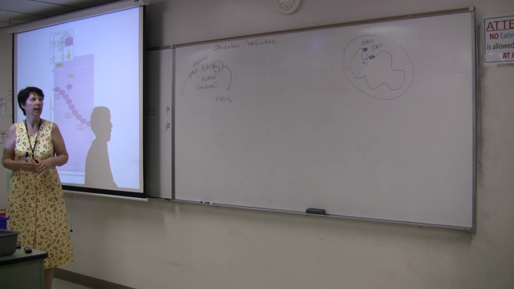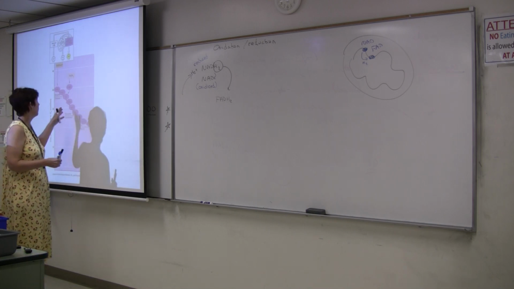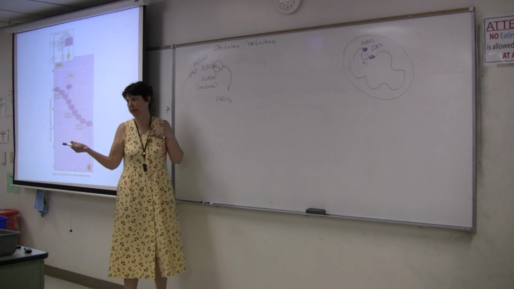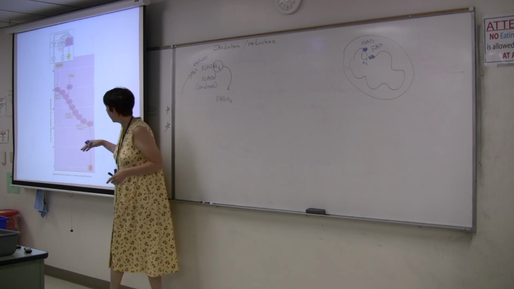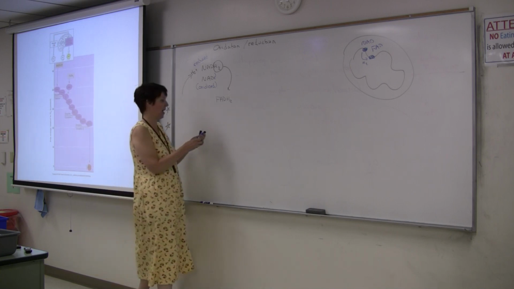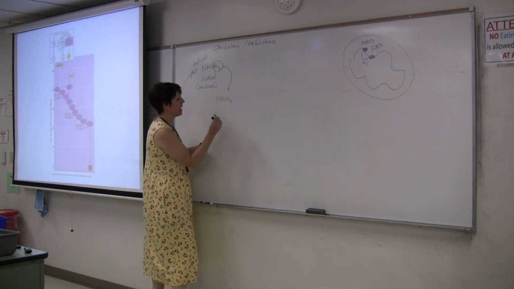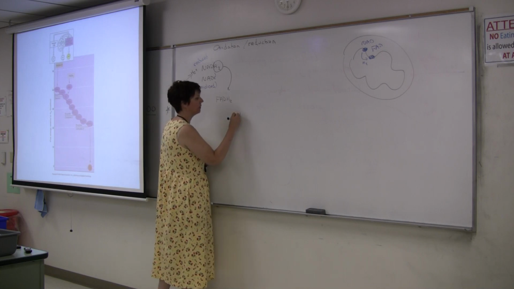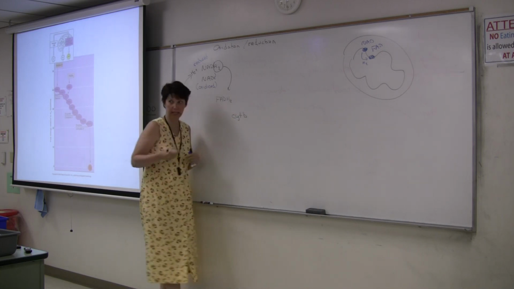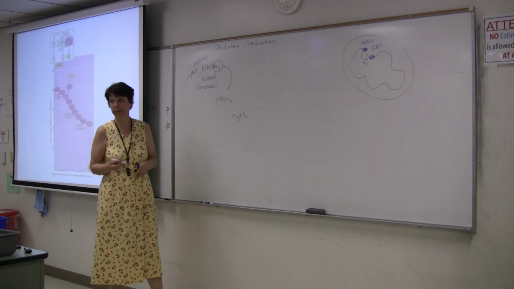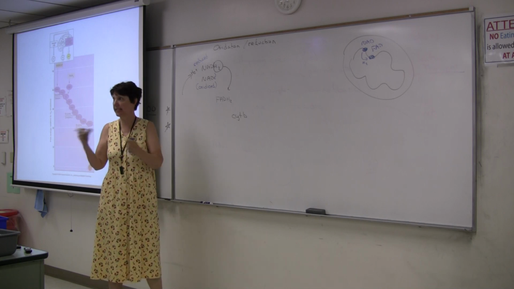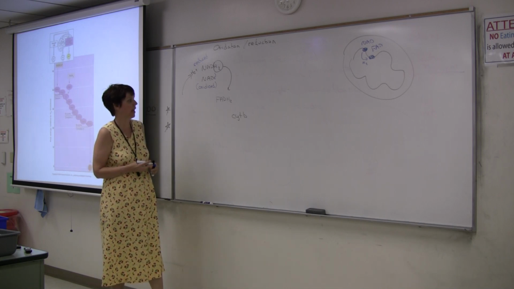Okay? The next molecule in the sequence, I don't have it on your page, the quinone, so I'm just going to skip that one and switch to cytochrome B. Cytochrome B has an iron ion that accepts or gives off electrons.